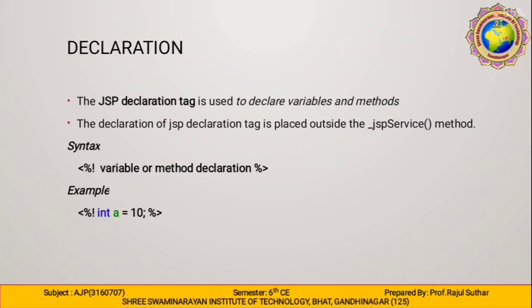For example, int a = 10; by using this syntax you can declare any variable, like int a, b, c. You can declare Circle a = new Circle with value 2.0.